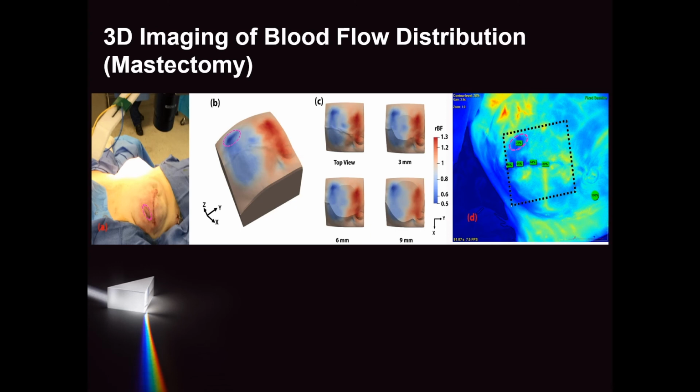And finally, in part D, you can see the top view of blood perfusion measured by fluorescence angiography with the injection of ICG. Here the dashed black box shows the fluorescent image region, our region of interest, and the dashed red ellipses indicate the area with low blood perfusion observed in the fluorescent angiography.